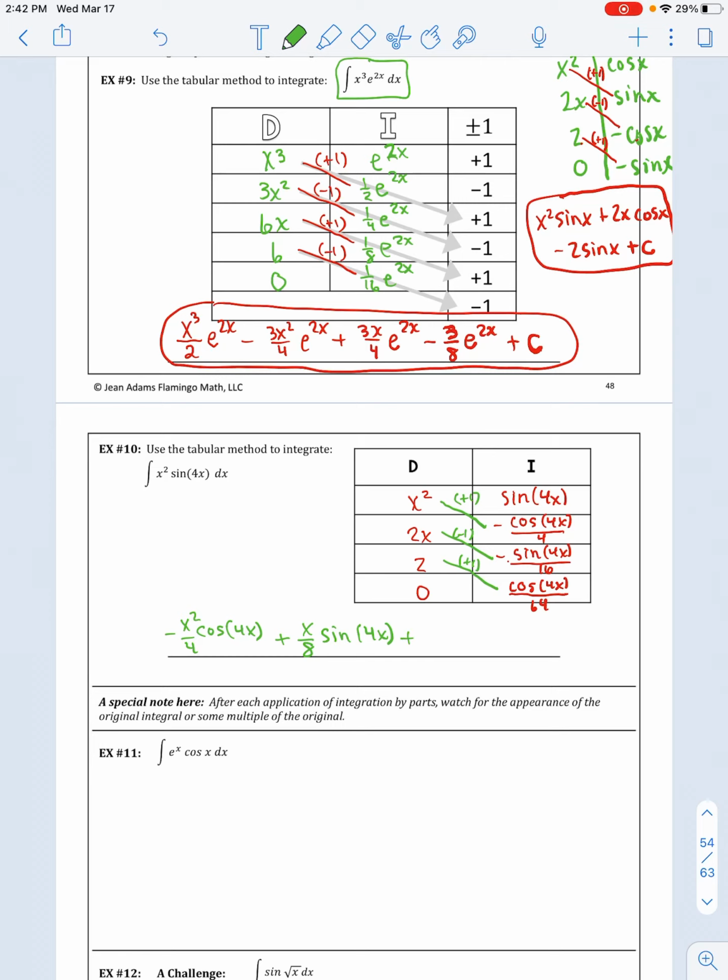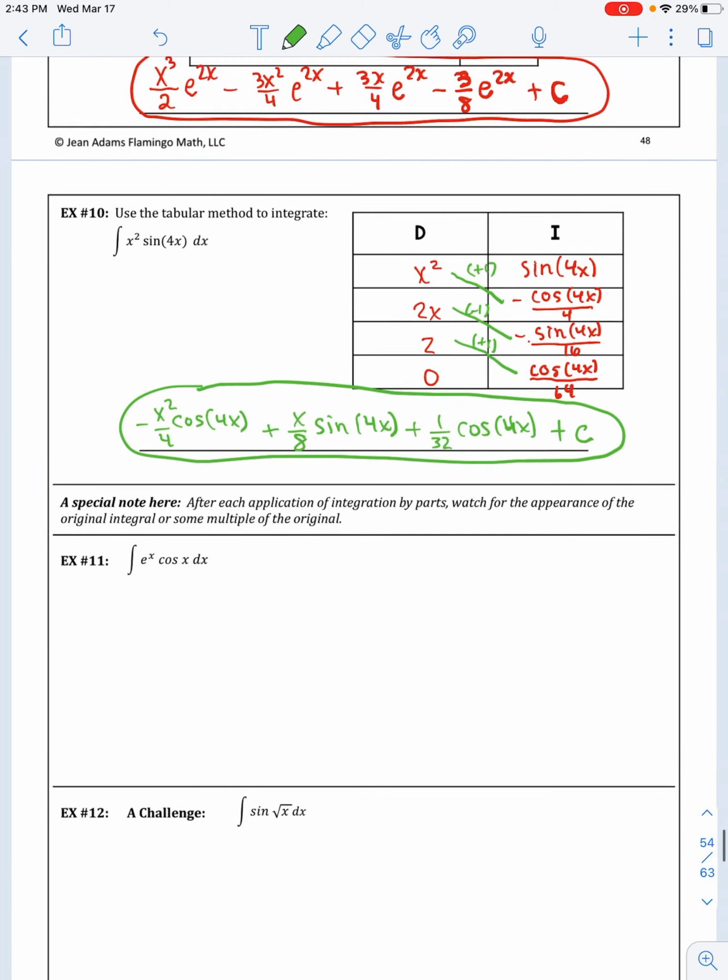And that's going to be 1 over 32 cosine of 4x plus c. Okay. I just checked it with my answer that I did on my paper, because sometimes I seem to do things weird. But that gets us through that one.